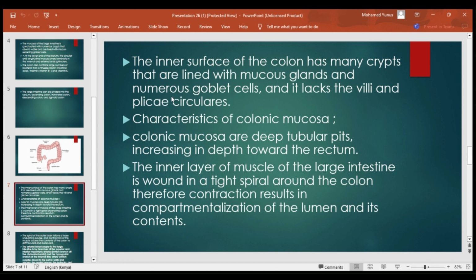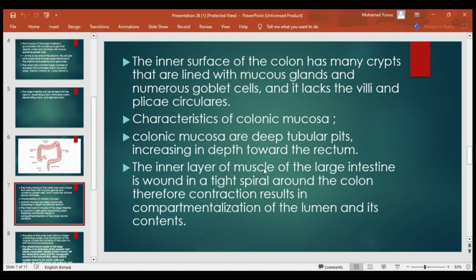They are not found in the large intestine. Let's talk about the common characteristics of the colonic mucosa, the mucus layer of the colon. We find that the colonic mucosa has deep tubular pits increasing in depth towards the rectum.